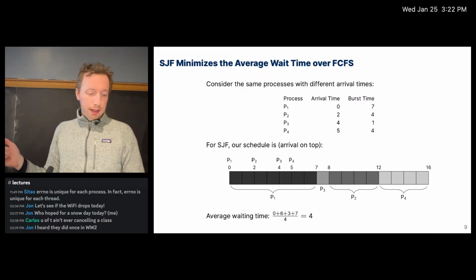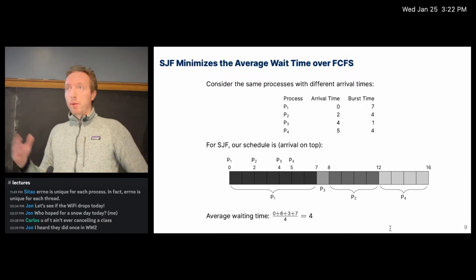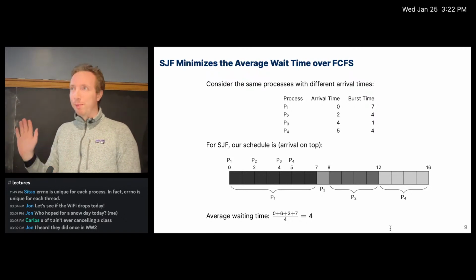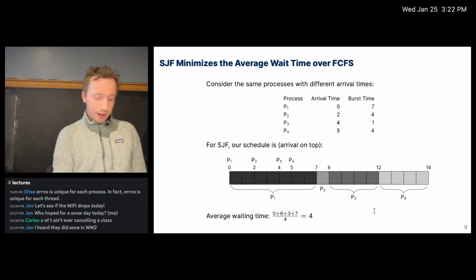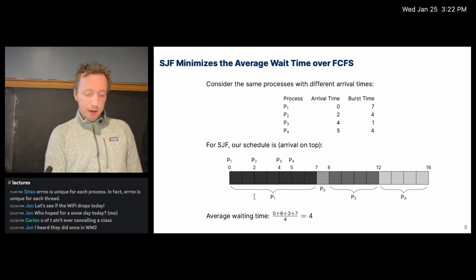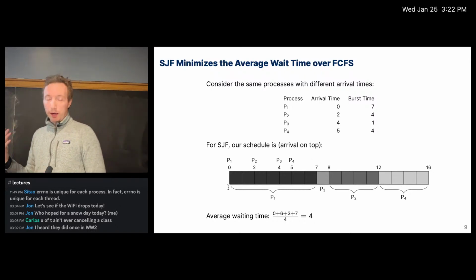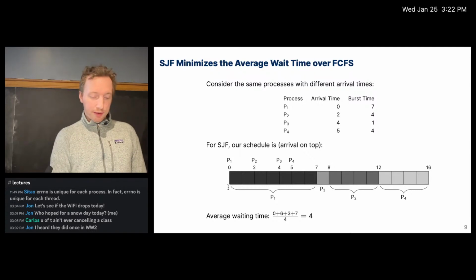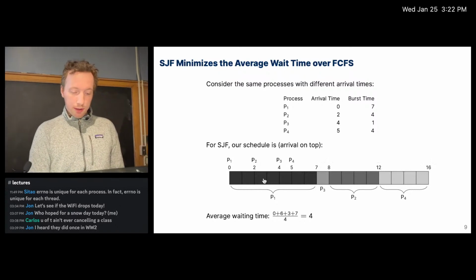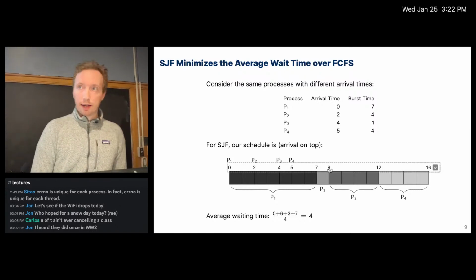Now we can get our average waiting time, which will be a bit different because not all processes started at time 0. For P1, it waited 0 time units. It came in at 0 and started executing at 0, so it didn't wait for anything. Then everything else gets shifted a bit. P2 waited for 6 time units because it arrived at 2 and didn't execute until 8.